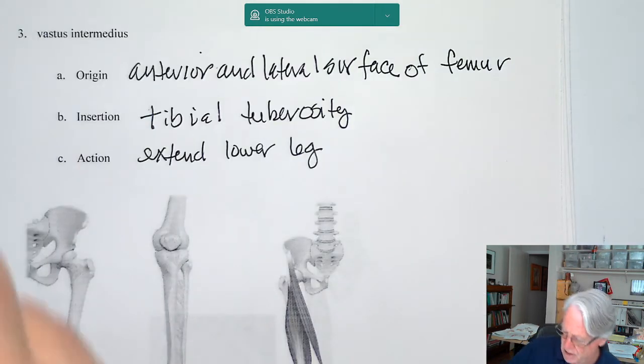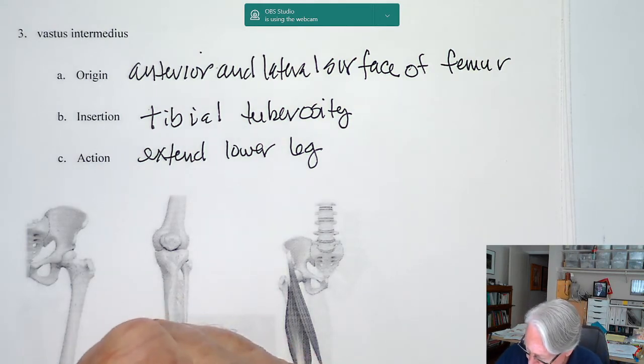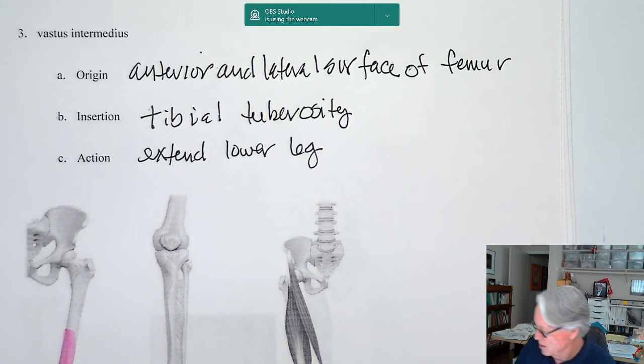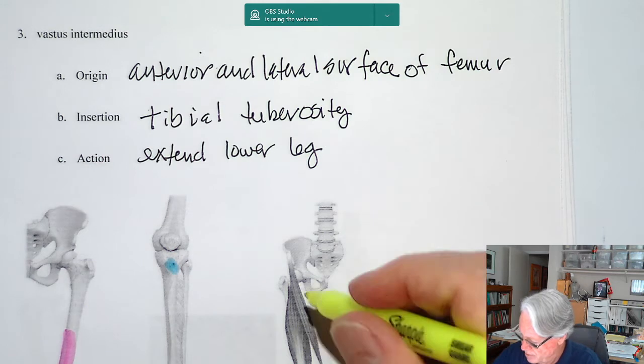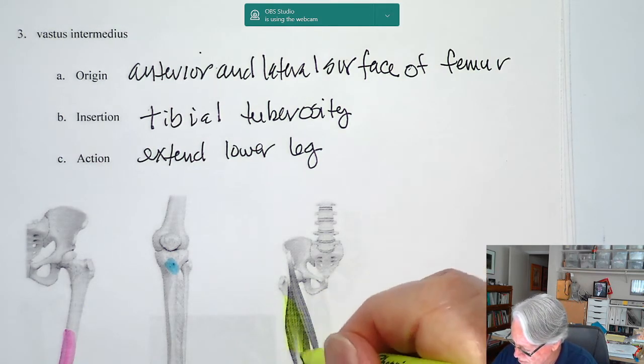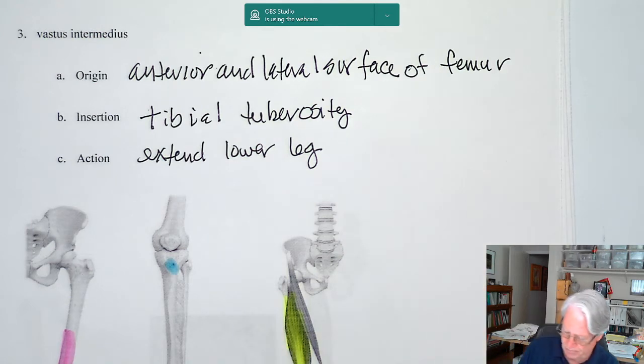So let's go ahead and mark that out on our, so all of this basically. And then right here. And right here. And here is the muscle. There. Okay.